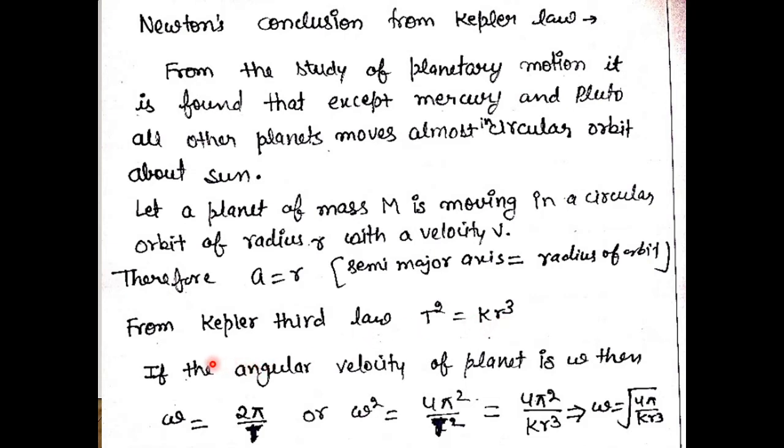Now, if the angular velocity of the planet is omega, then omega equals 2 pi upon T, or omega square equals 4 pi square upon T square. By putting the value of T square, we get omega square equals 4 pi square upon k r cube.